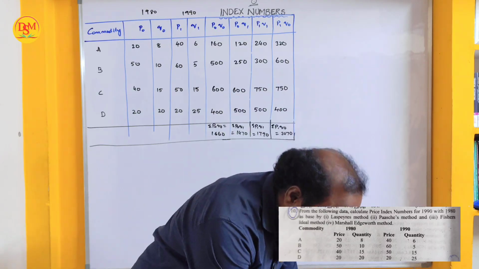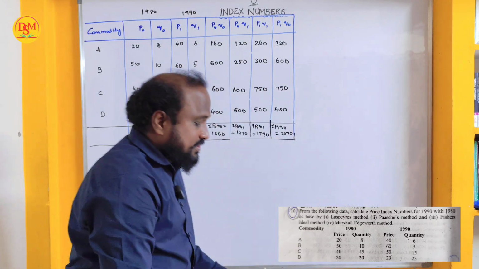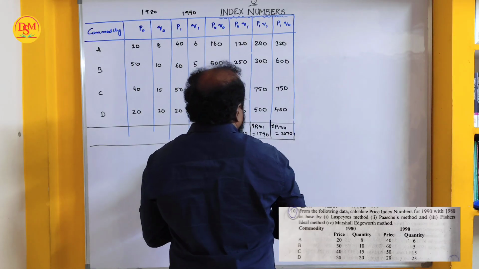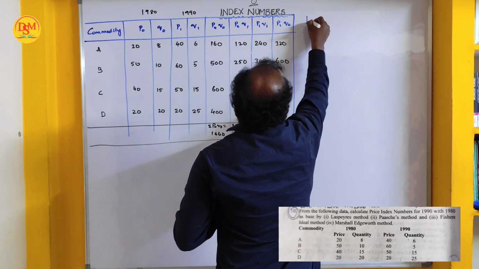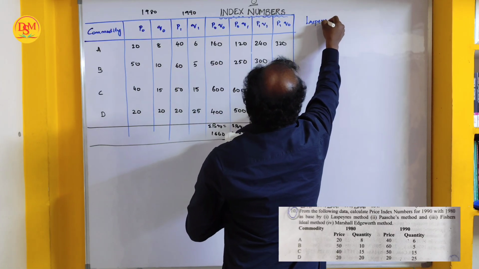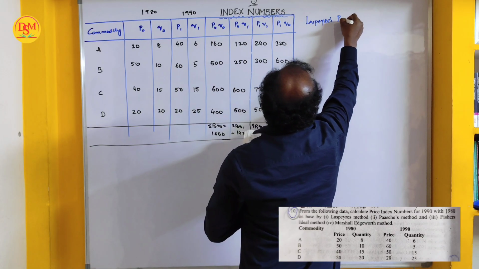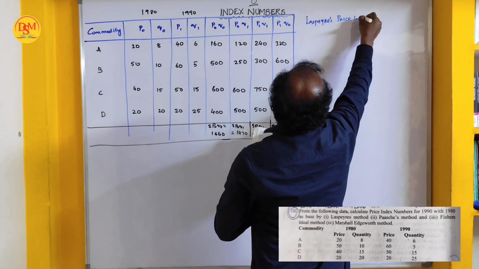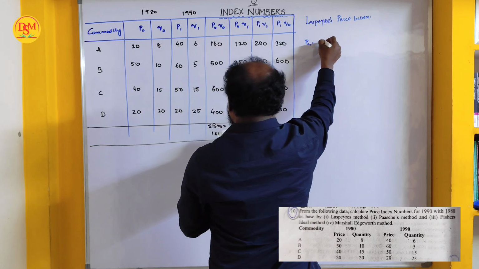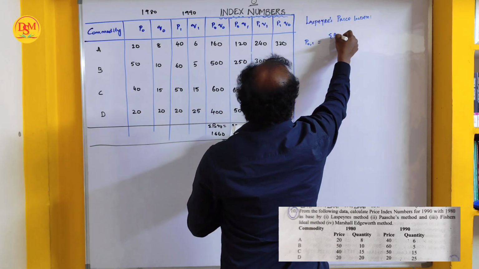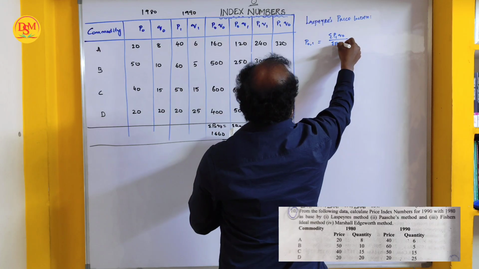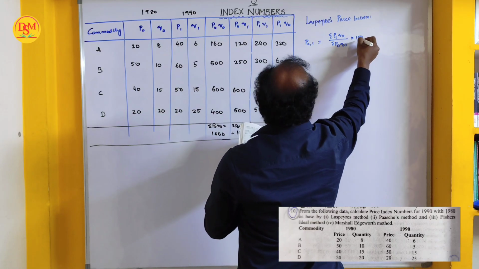Now we'll calculate Laspeyres price index. The formula is P01 is equal to P1 Q0 by P0 Q0 into 100.